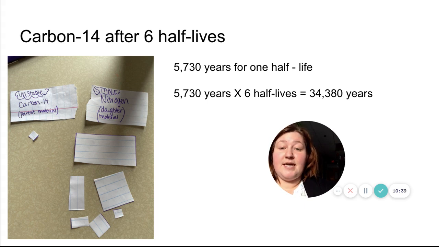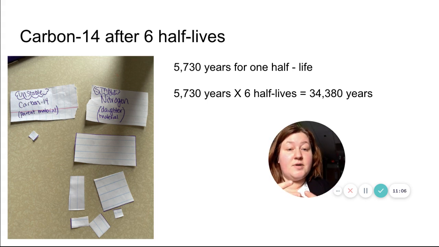So what I do is I take that time that it takes to decay just one time. So that's 5,730 years times 6 half-lives. That means that this sample, or this example I did, represented 34,380 years. So let's pretend that this was a fossil, and I was looking at the ratio of nitrogen versus carbon-14 and like how much was there.